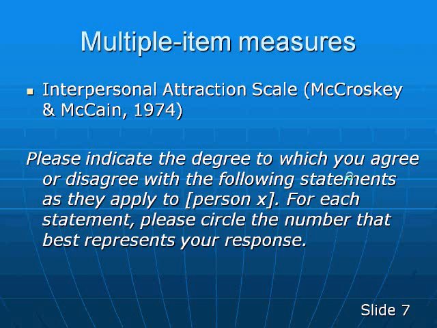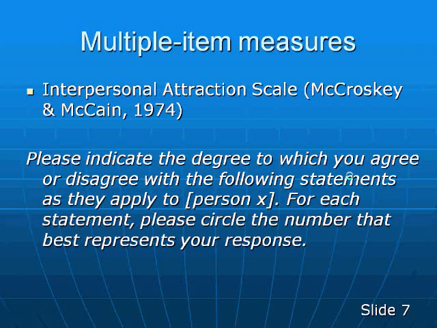One example of such a multiple item measure that was developed in the 70s is a very big measure called the interpersonal attraction scale. This measure simply is used to assess the extent to which somebody is attracted to another person. So if I want to measure your attraction to a certain person in your life, I could use this scale.